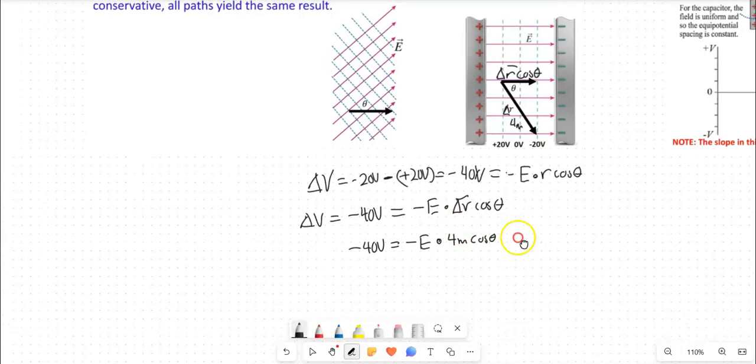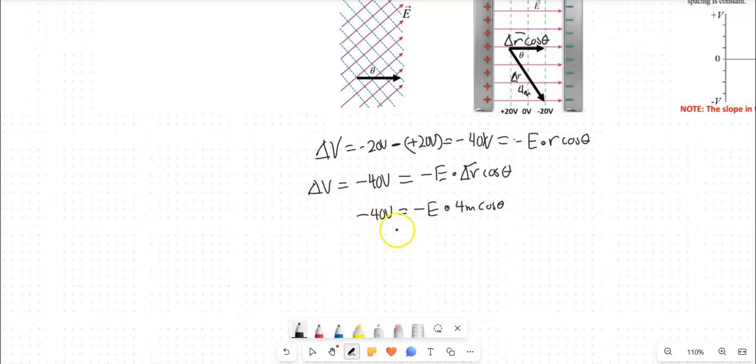To calculate this electric field, let's call this 60 degrees, just to make our life easy. So this is going to be 2 meters.